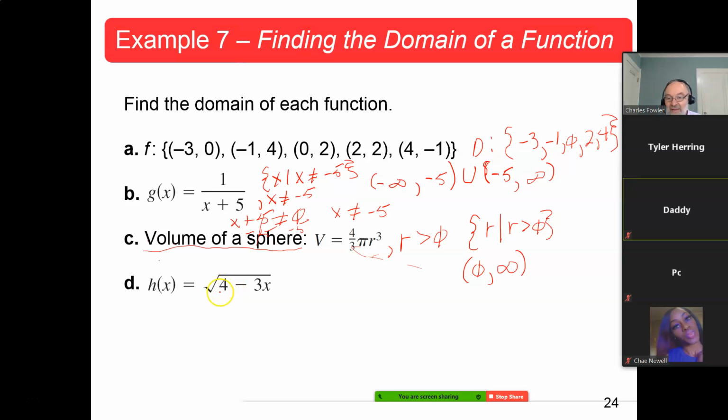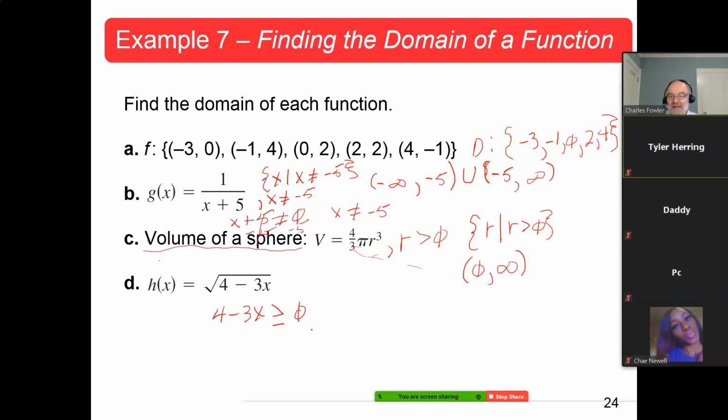You can't. Say again? No, it can be 0. It can't be negative. So let's write down what you just said: 4 minus 3x. Now, I don't want to spell out can't be negative, so I'll write that as greater than or equal to, because it can be 0.